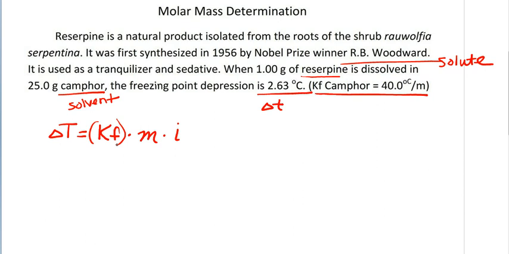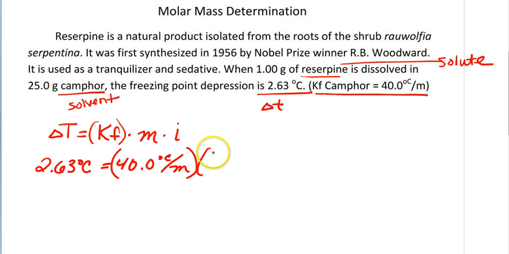So our delta T is 2.63 degrees Celsius. The Kf is 40 degrees Celsius per molal. And then the molality, remember molality is moles of solute over kilograms of solvent, and we have 1 gram of reserpine. And the thing is that we don't know, obviously, what the molar mass is.